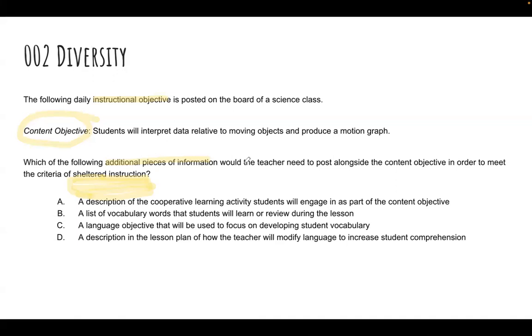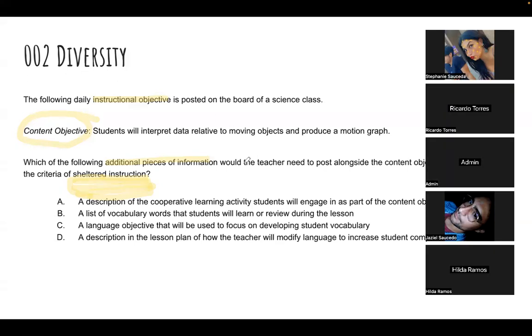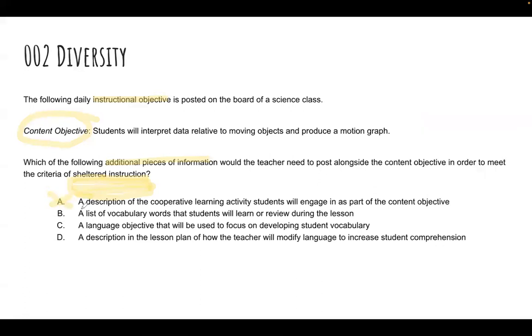What can we eliminate and bet ourselves $5? This is not going to be the best way to be in compliance with sheltered instructional practices. Letter A, a description of the cooperative learning activity has actually nothing to do with language development, right? That description doesn't need to be there on the board to engage the students.